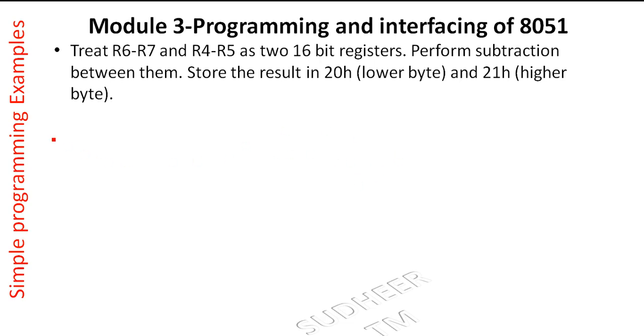So we have the contents of R6 R7 and R4 R5.